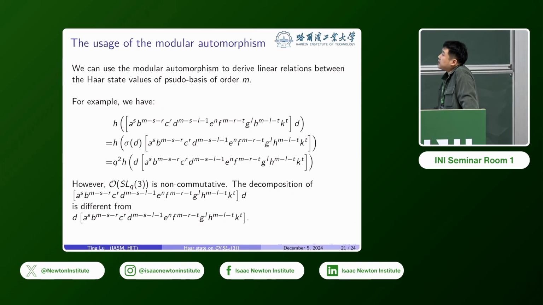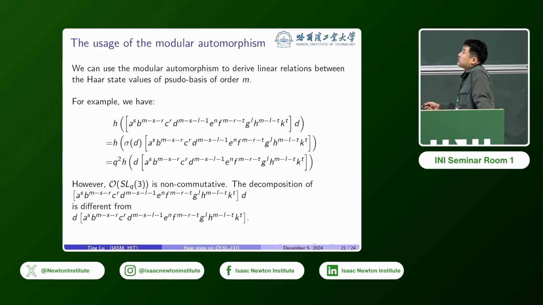And then to compute the Haar state of my monomial basis, we have to use the modular automorphism to construct some extra linear relations. By using the modular automorphism, I can teleport this generator from the very left to the very right, but still keep the Haar state the same.